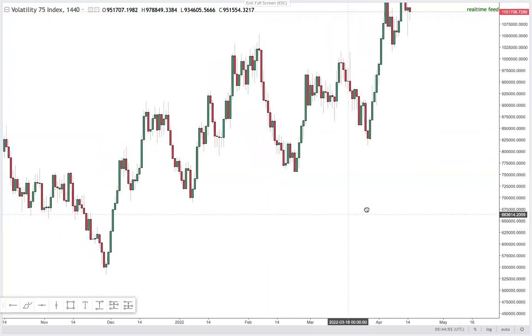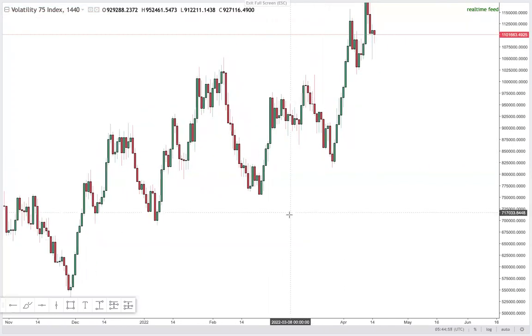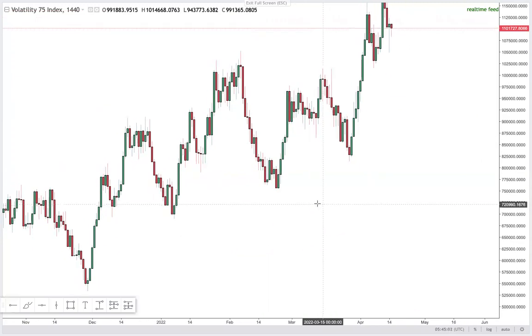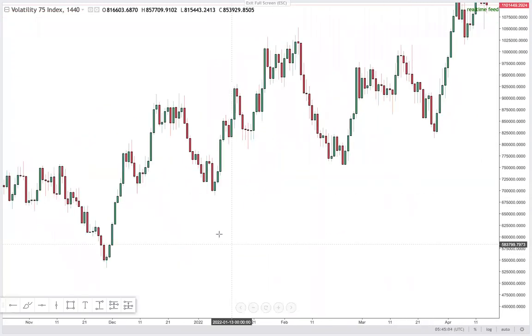I was saying we were trying to look at a hidden structure, right?